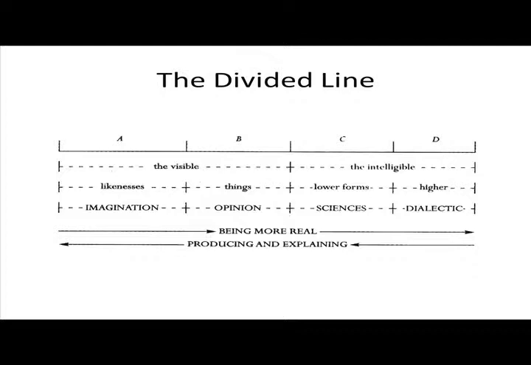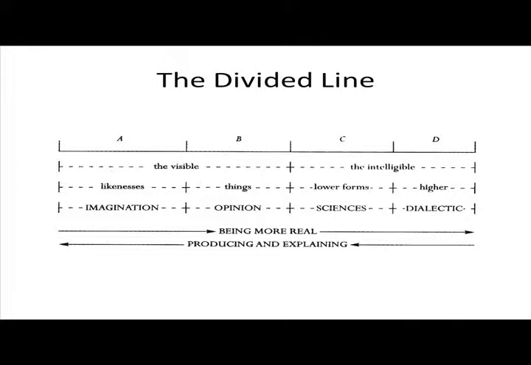As I get further up the divided line, things become more real for Plato. So the forms have more reality than even the physical world. So apparently there are gradations of reality.